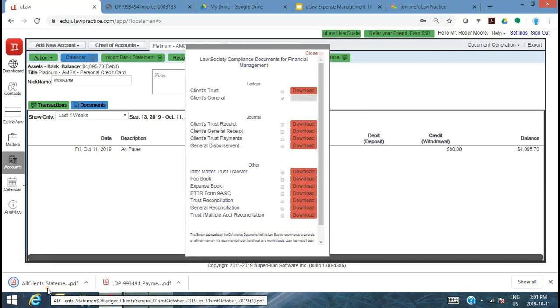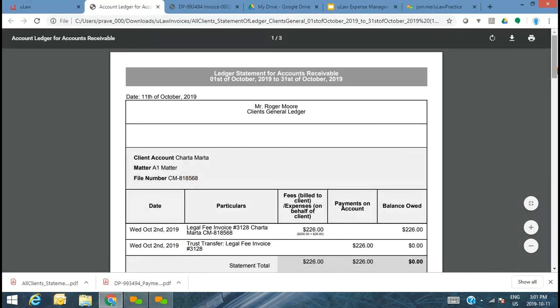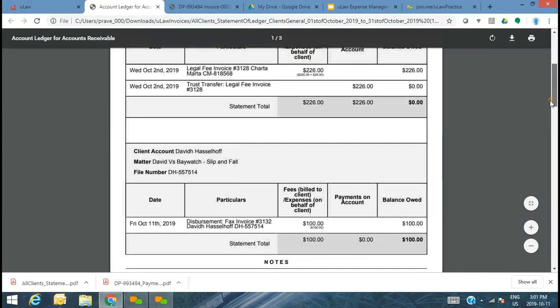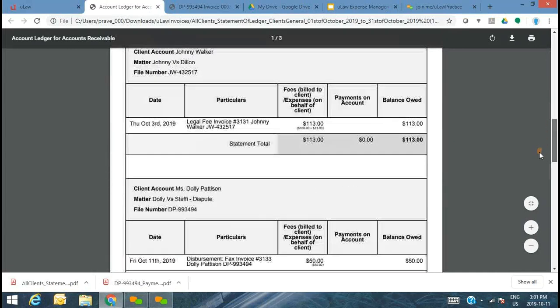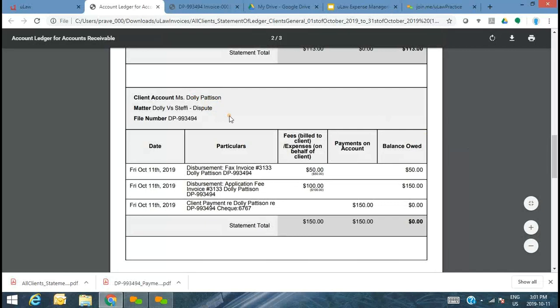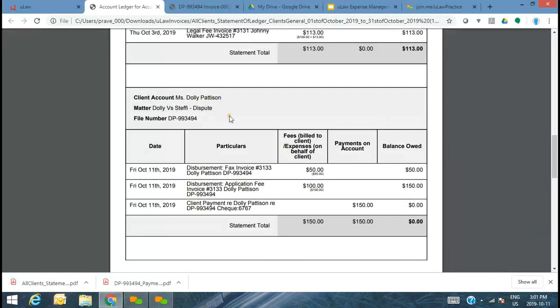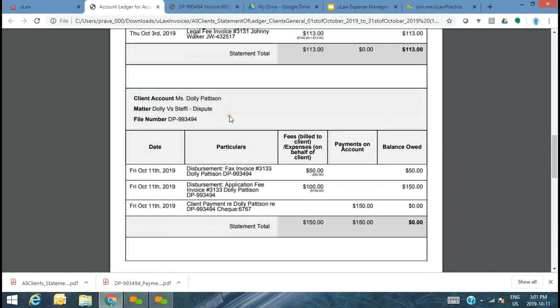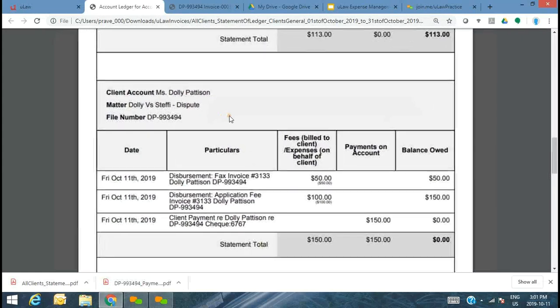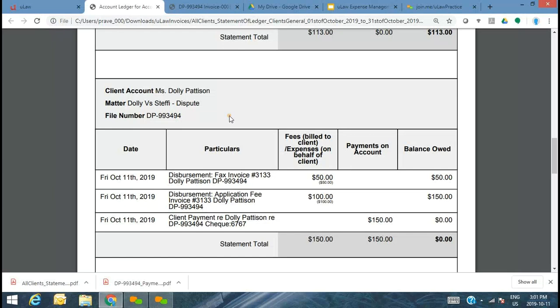I'm going to show you what this particular ledger looks like. It's done, of course, for all of the clients. And there's our client, Ms. Dolly Patterson.